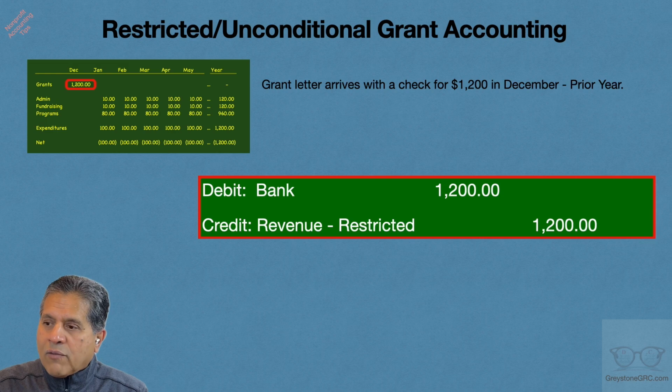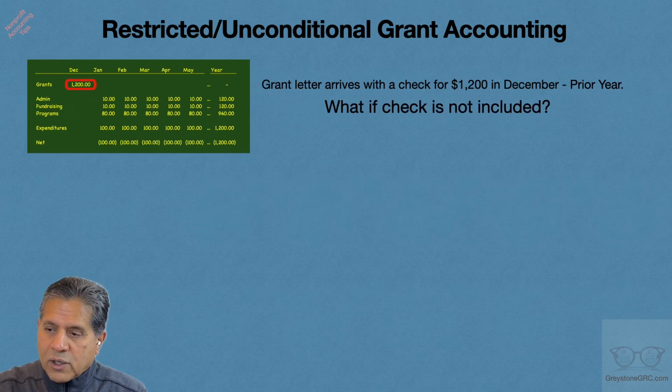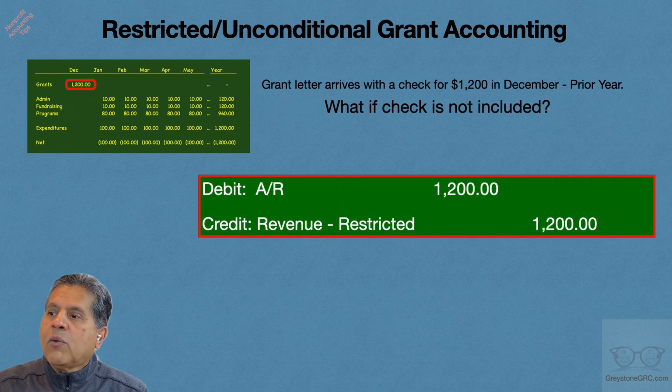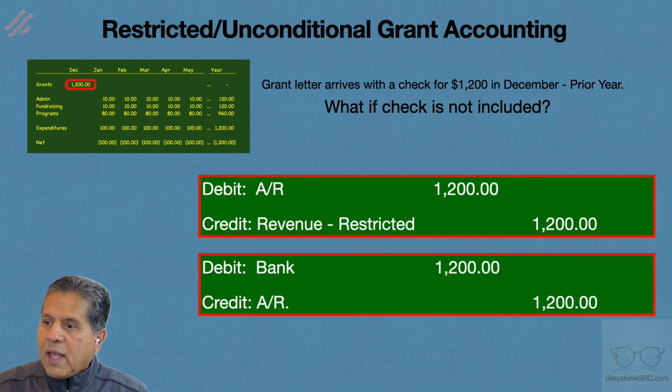Well, first, if we receive the check, we debit the bank and we credit revenue restricted. What if the check is not included? Well, we debit accounts receivable $1,200 and we credit revenue restricted $1,200. And then as the money comes in, we debit the bank and credit accounts receivable.